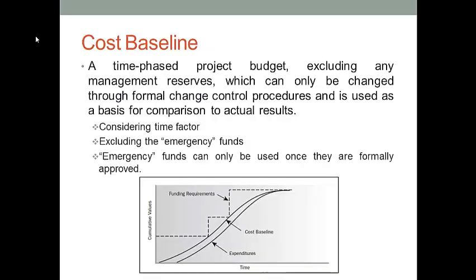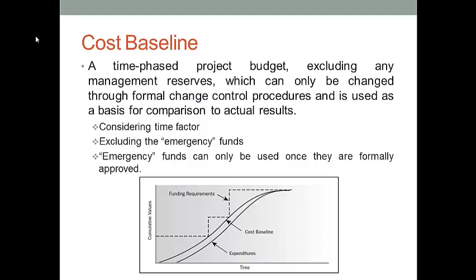After you allocate the cost for the entire project, the next step is to allocate the financial resources to different stages in a project. You should consider how much should be invested in the initiating stage, planning stage, executing stage, monitoring and controlling stage, and how much should be invested in the closing stage of your project.